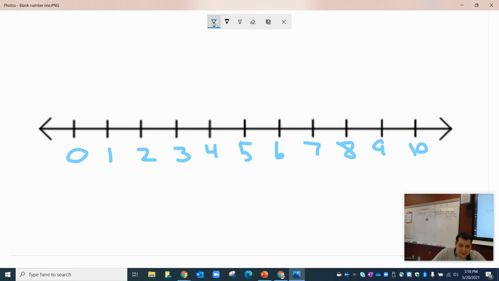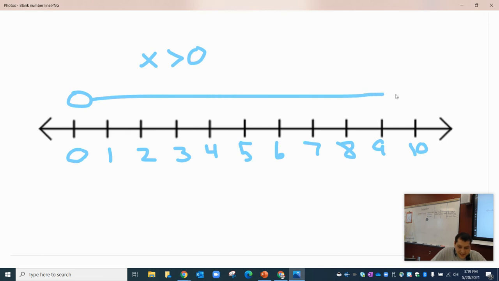I'll keep this here, but x is greater than 0 would be an open dot. Now, that's not a 0, it's a dot. And a line going to the right showing that x is greater than 0, but not 0. It's greater than it.